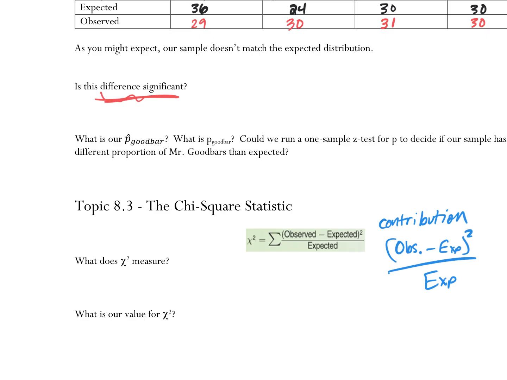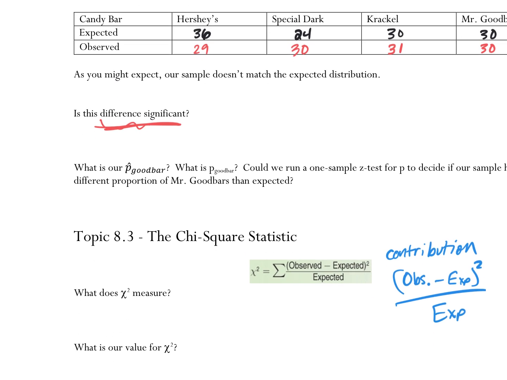So for example, if I'm going to do that for the milk chocolates, I would do 29 minus 36 squared over 36.